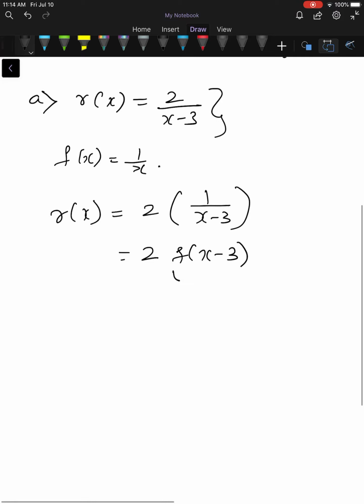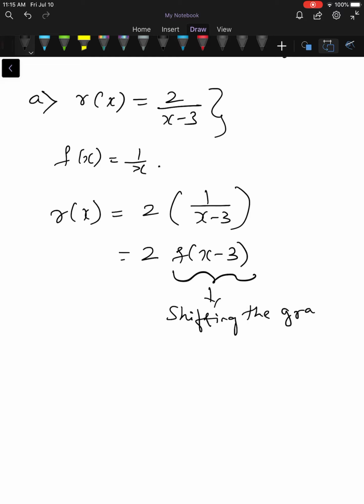Okay, so this particular thing would be shifting the graph f by 3 units to right.